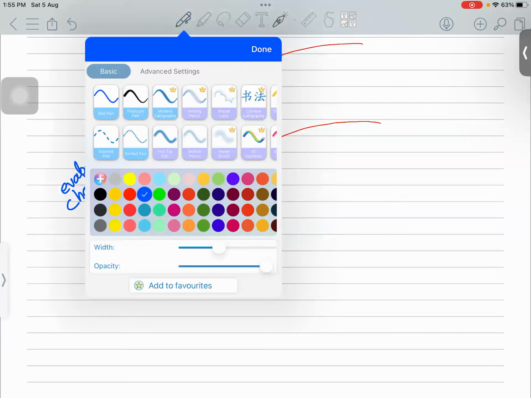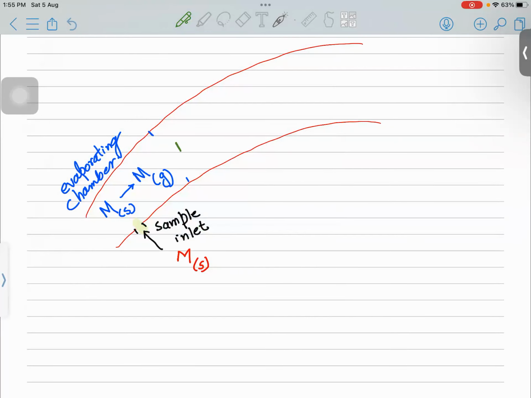Now, the next chamber, here you have gaseous sample. Here you have the electron gun.